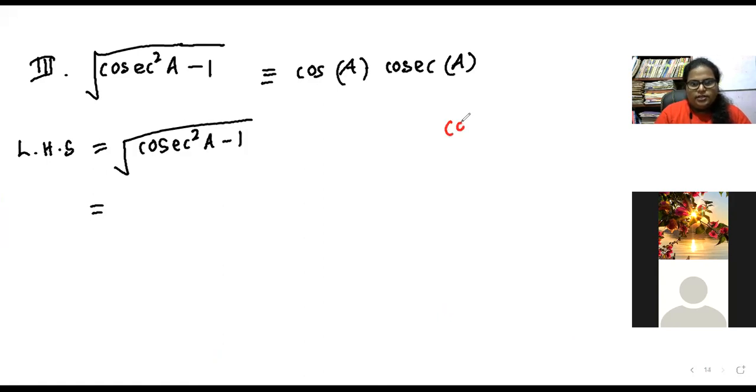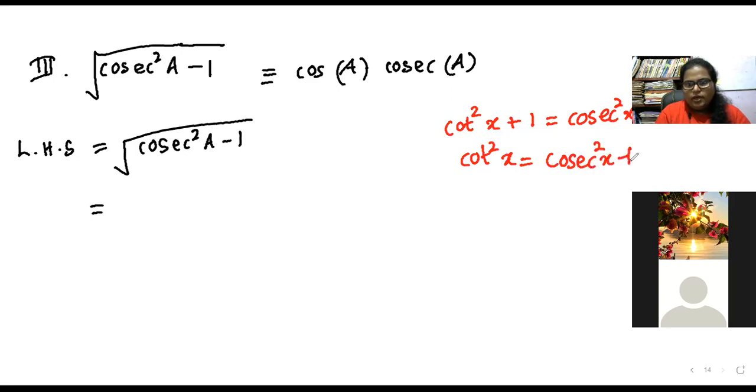So you know that cot square x plus 1 equals cosec square x. When you make cot square x the subject, you get cosec square x minus 1. So you can easily replace cosec square A minus 1 by cot square A, right?